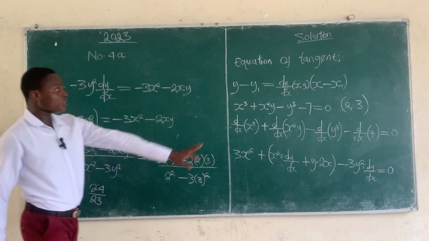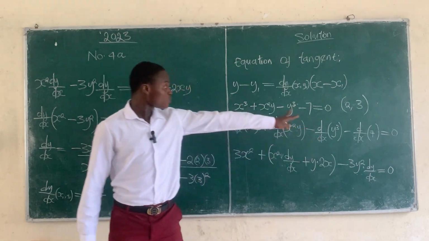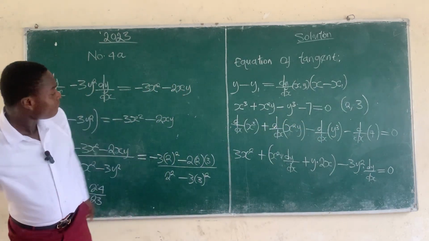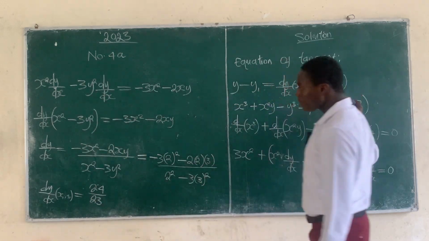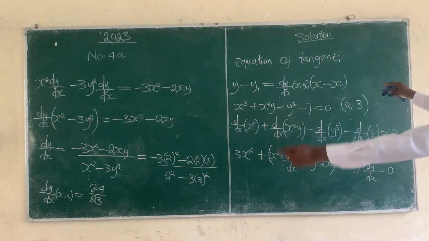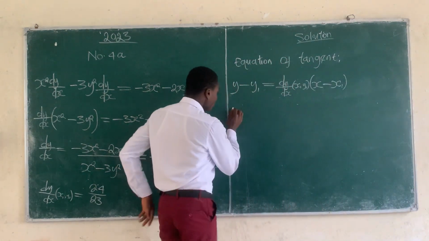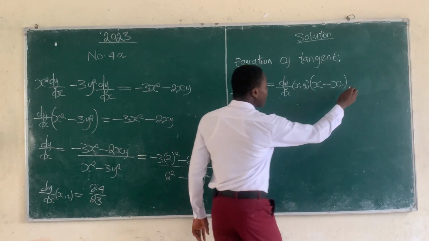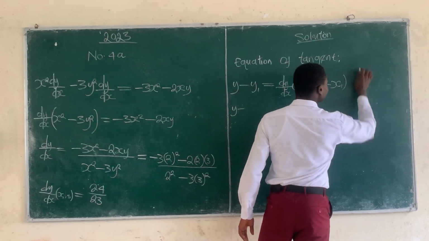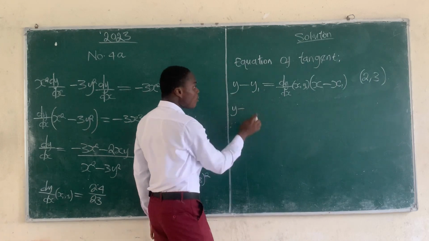So we can substitute this and find our equation of tangent. Let's quickly substitute the value of dy dx at x1 y1. We have y minus y1, where the point is 2, 3, so y1 is 3.